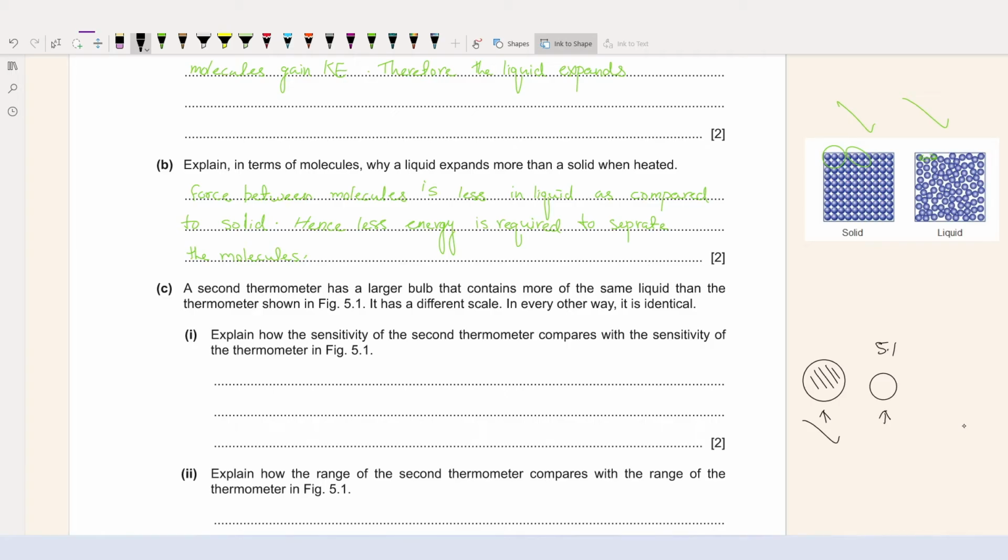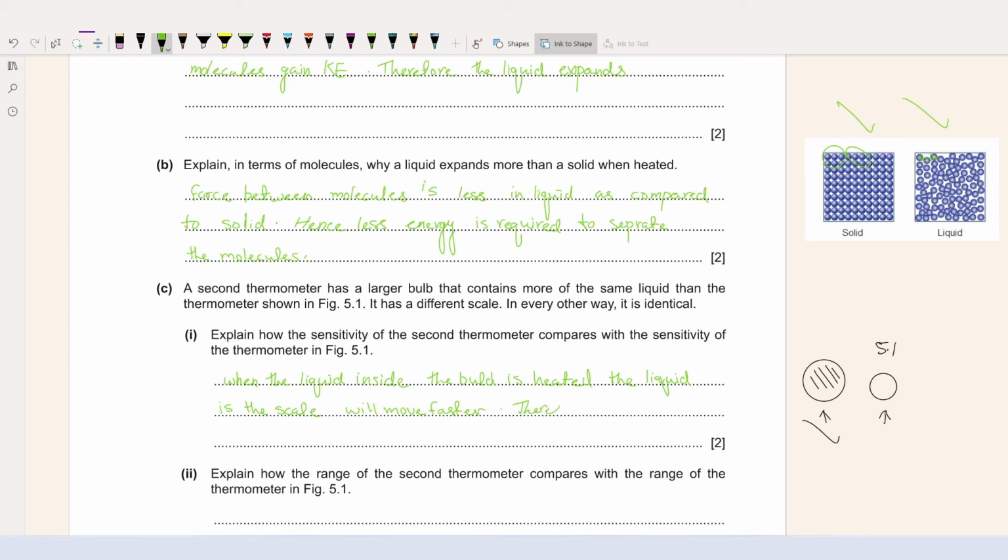We can write down that here when the liquid inside the bulb is heated, the liquid in the scale will move faster.